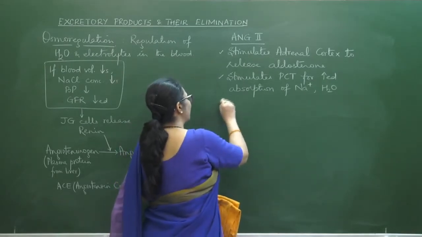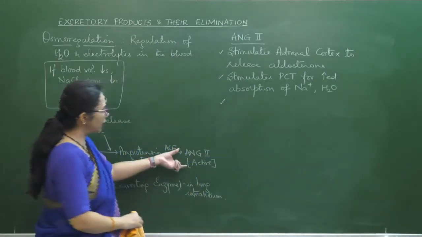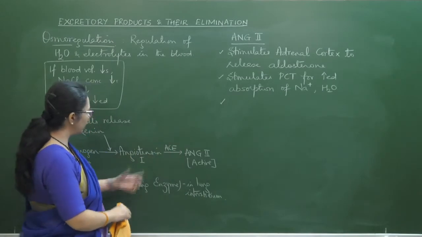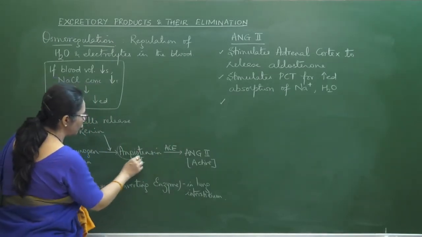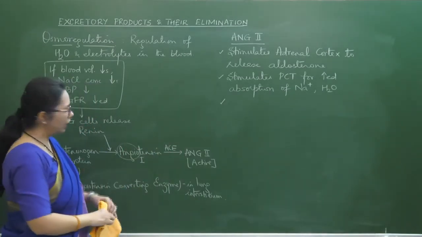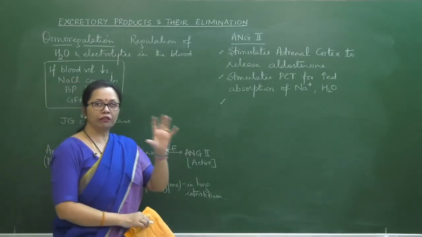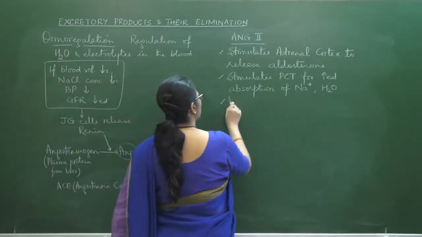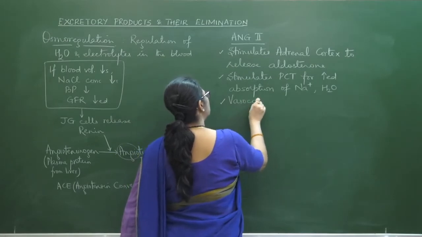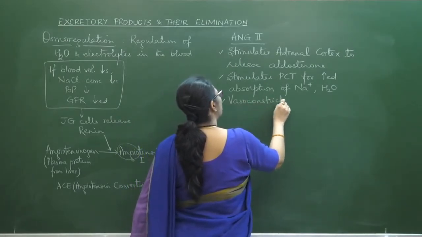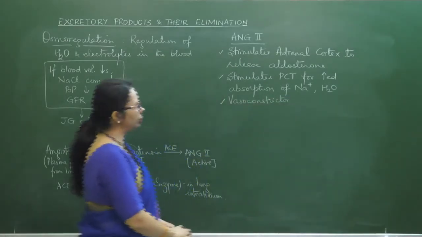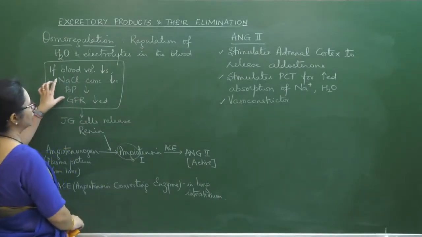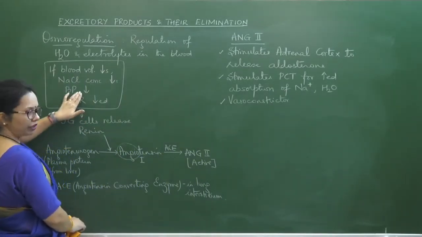Yes, one more function I would like to write for this angiotensin 2. You see the name, angio comes from blood vessel, tensin means constricting, so it's a vasoconstrictor also. So by vasoconstriction, the blood pressure will rise.